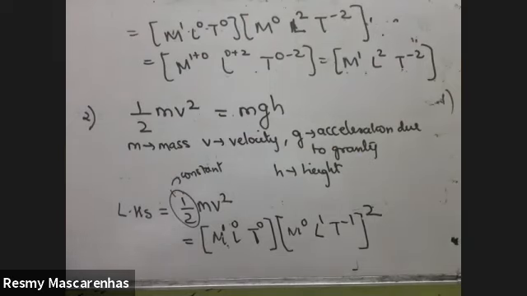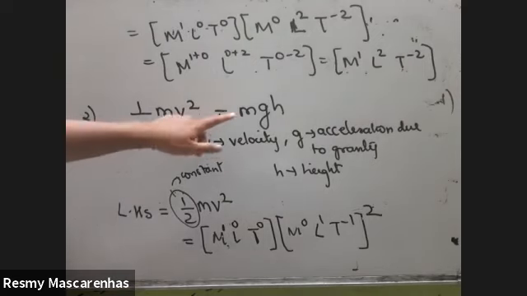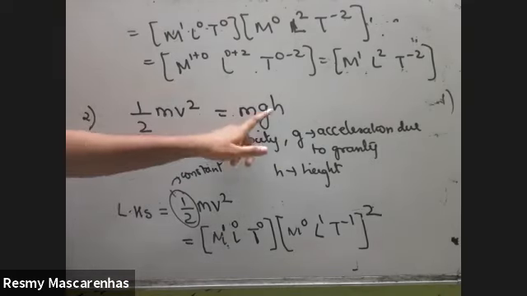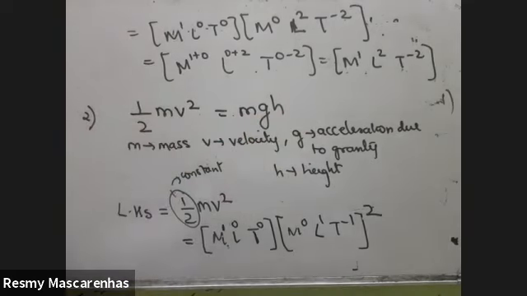Now take the right hand side. M, g, height. Acceleration due to gravity or simple acceleration, I told you it means the same. So basically for g you have to put the dimensions of acceleration.